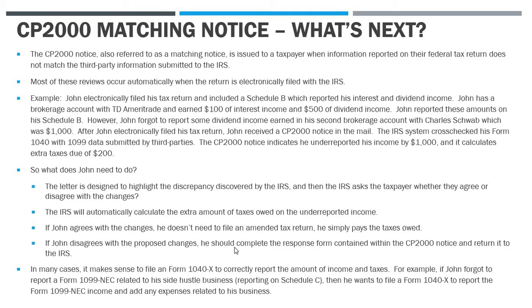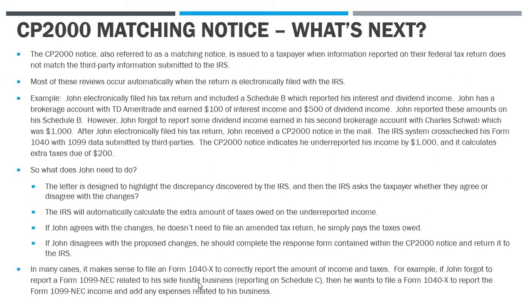I've seen that happen to many of my clients where it basically doubled up on the amount of income that it thought was going to be reported. And so we had to reply and say, no, look, your transcript is showing it twice, not once. And that's why this notice was triggered. Very, very common. So very important to carefully read the notice. Make sure you agree with the changes. If not, respond accordingly, and make sure it gets resolved as soon as possible.